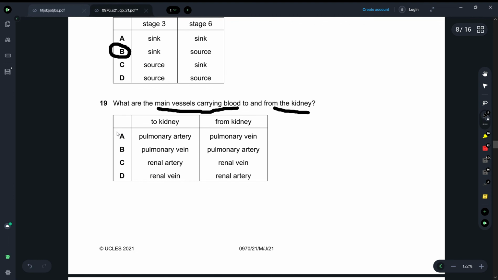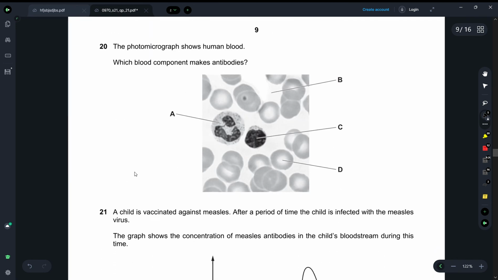It's always an artery that carries blood to an organ. For example, an artery carries blood from the heart into the body. The pulmonary is not there, it's just these two, so cut off the pulmonary. Now we look at C and D. Artery carries blood to that organ, and from that organ is a vein. So C is the answer for this.